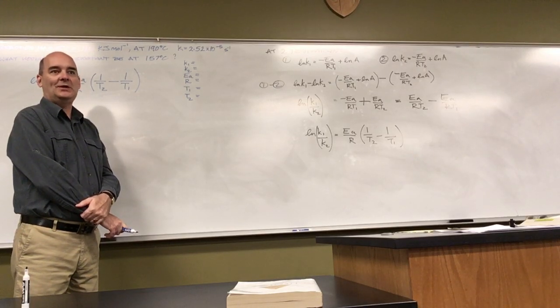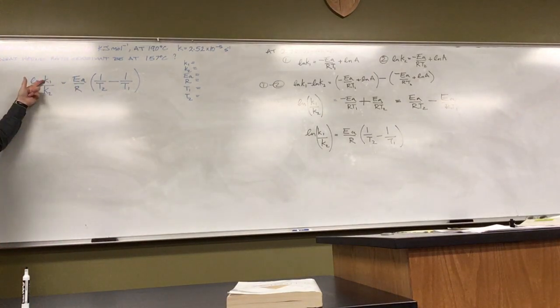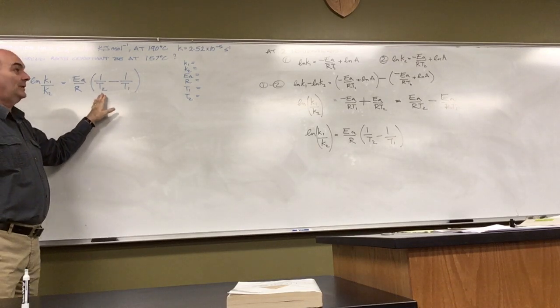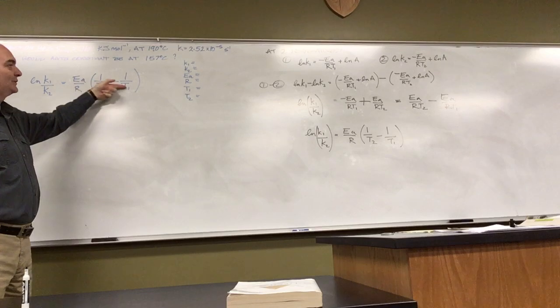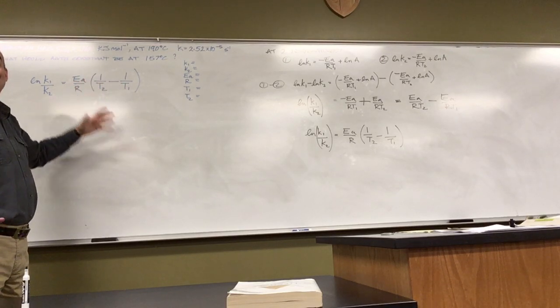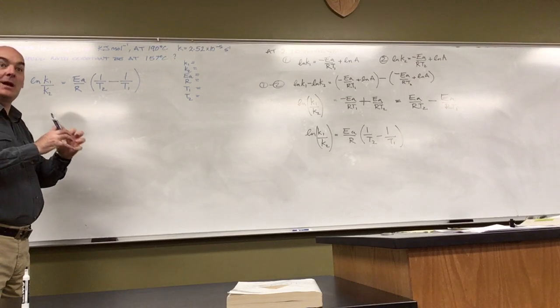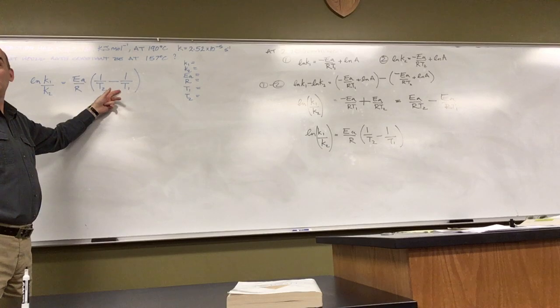Just as long as they go into the equation in the right slot. Doesn't matter whether you take the big number from the little number. If this is a smaller number than that, this log goes negative. If this is a big number and that's a small number, then 1 over a big number is itself a smaller number than 1 over the slightly bigger number, right?